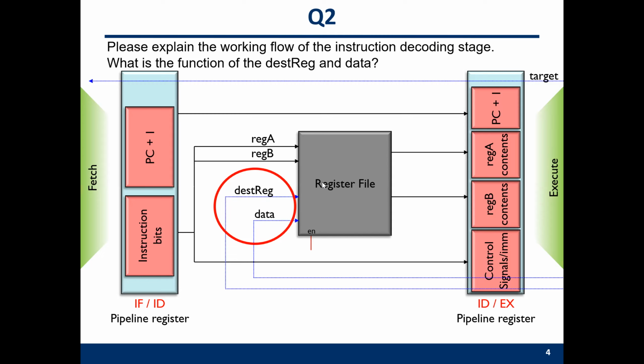They can be used to write back after you actually write the value of C back to the register file. So the destination register is the name of C, and the data is the value.